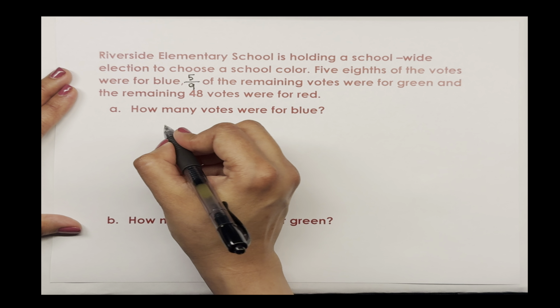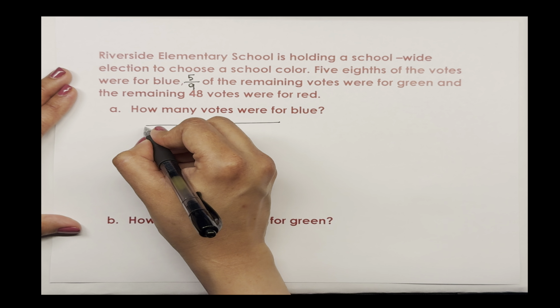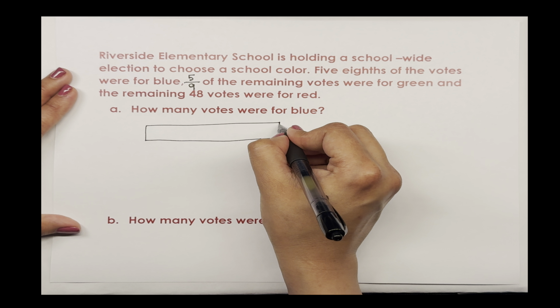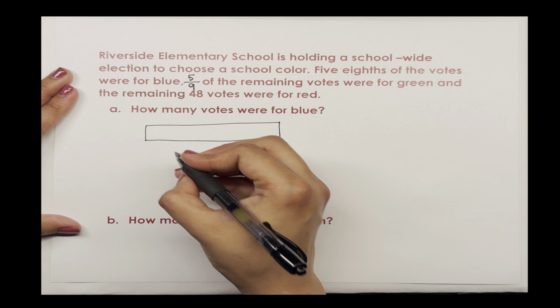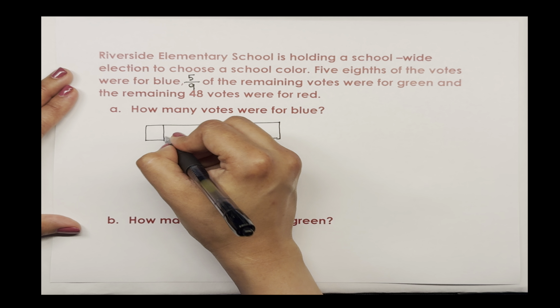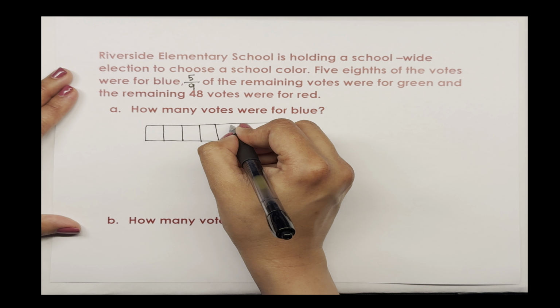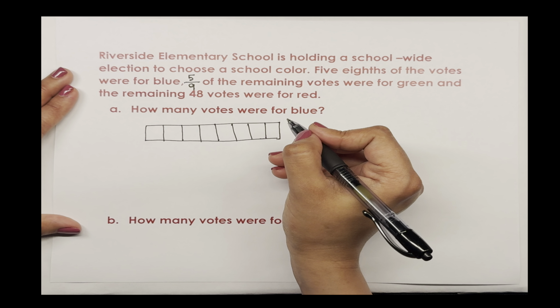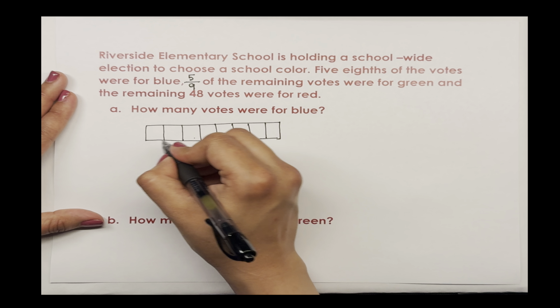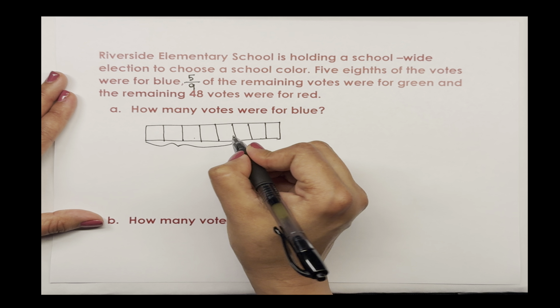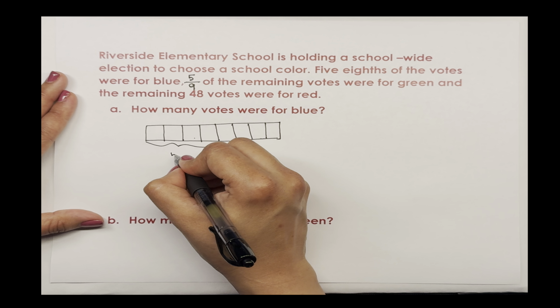So let's get started by making a tape diagram. This is the total vote. 5/8 of the votes are blue. Make it 8 parts. So 1, 2, 3, 4, 5. This is blue.